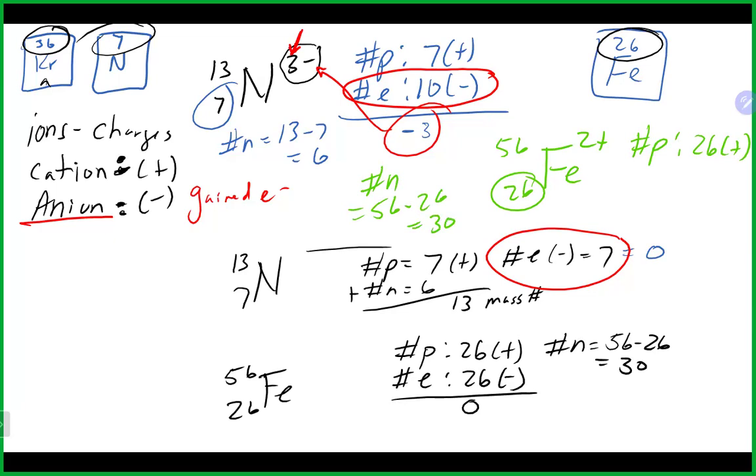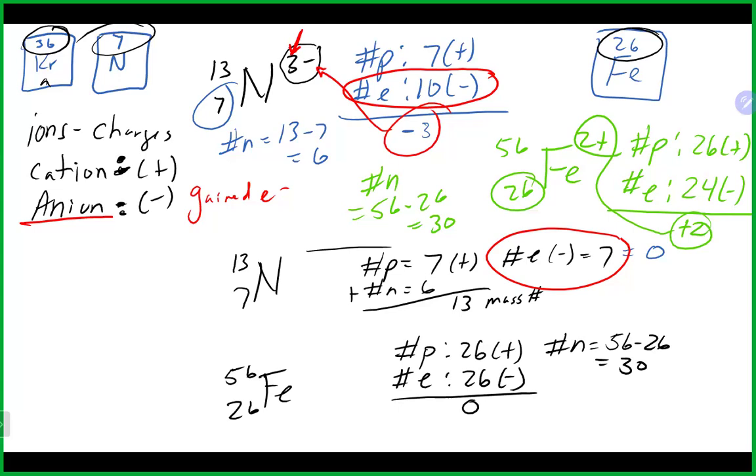Once again, here our electrons change. The number of electrons in this case would be 24. 26 positive particles and 24 negative ones leave you a net of a +2 charge left over. That is where the charge comes from, as you now have more protons than you do electrons, so more positives than negatives.